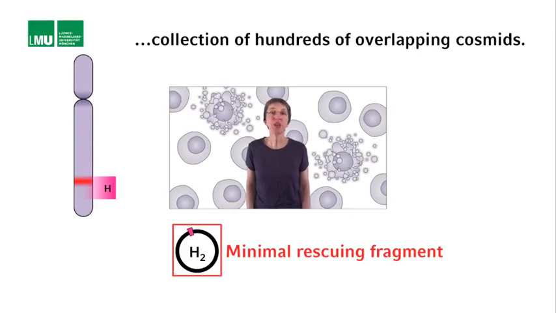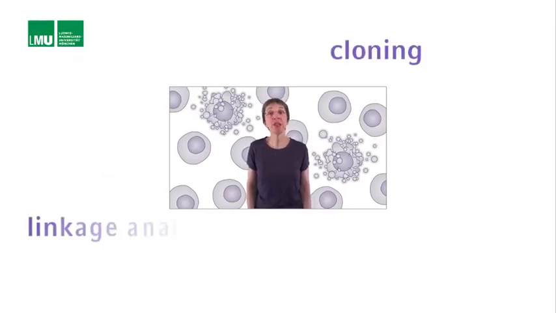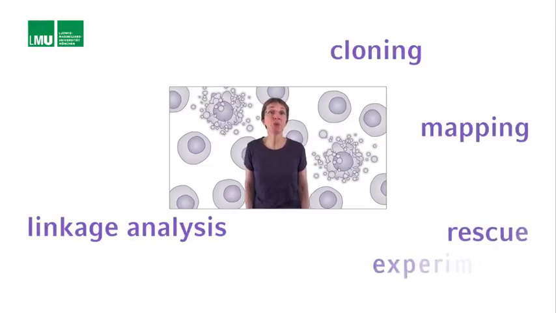To find the mutation that causes the mutant phenotype in the first place is important to confirm that the correct gene has been identified. To clone a gene, to do linkage and mapping experiments, and to perform transformation rescue experiments could sometimes take many months and even years.